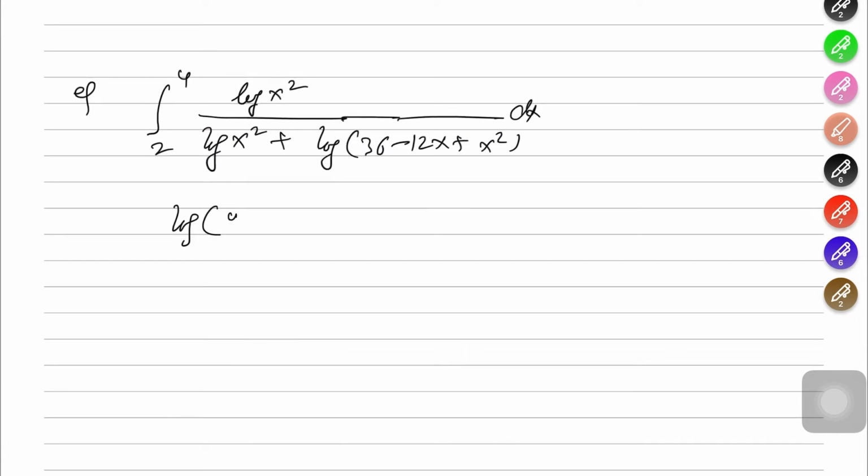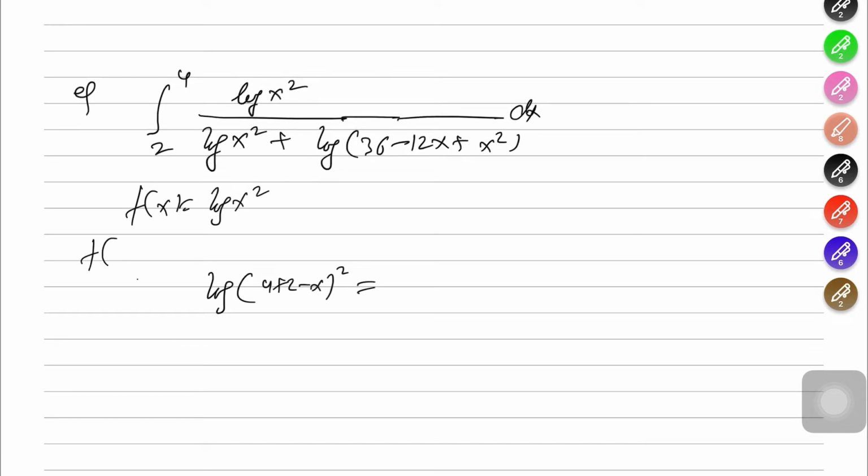Log of x square, so f(x) is log of x square.